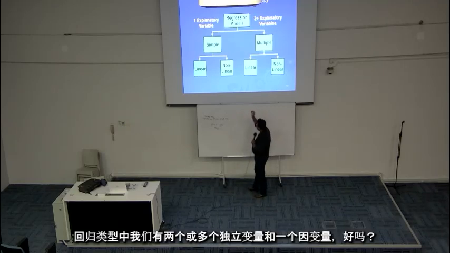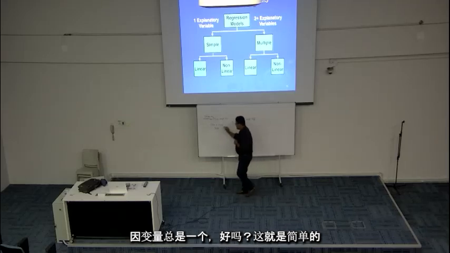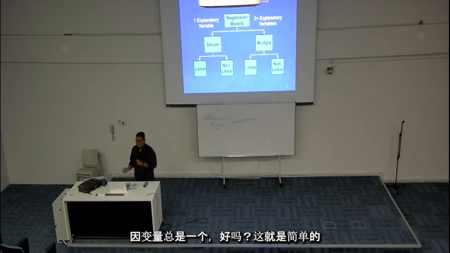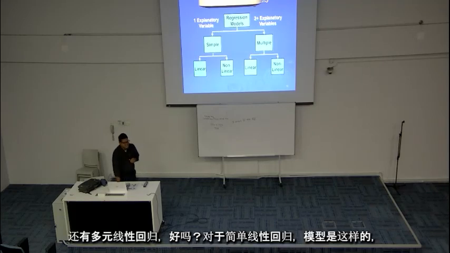The second type of regression has two or more independent variables and one dependent variable. The dependent variable is always one. This is the difference between simple and multiple linear regression.